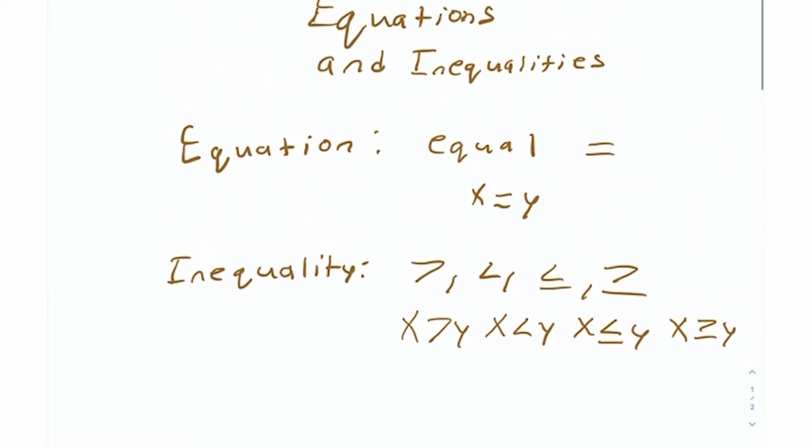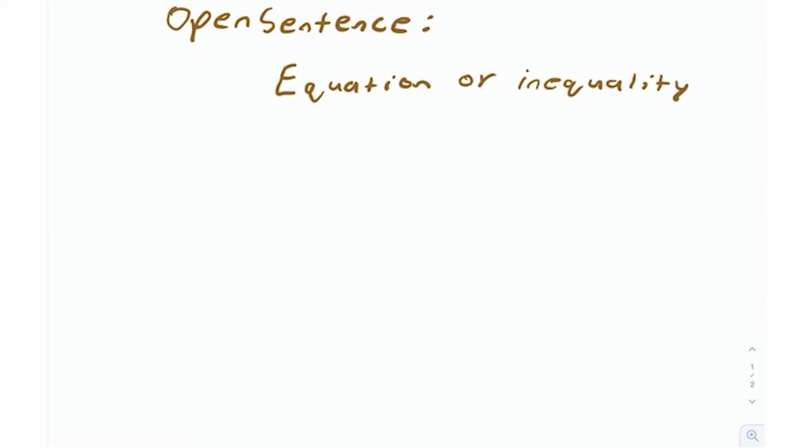Now, let's talk about what an open sentence is. Okay, an open sentence is an equation or inequality that has at least one variable. And this is very important.